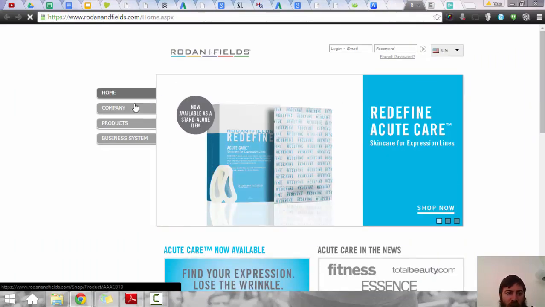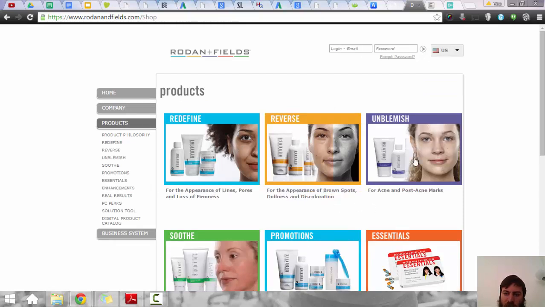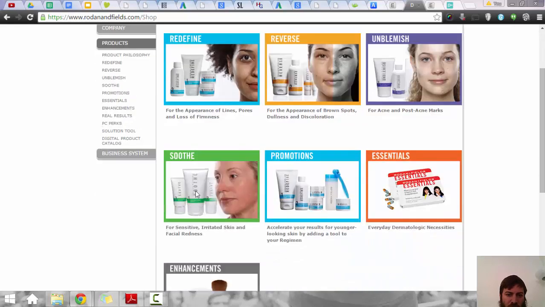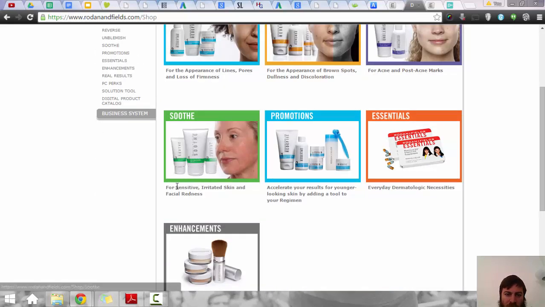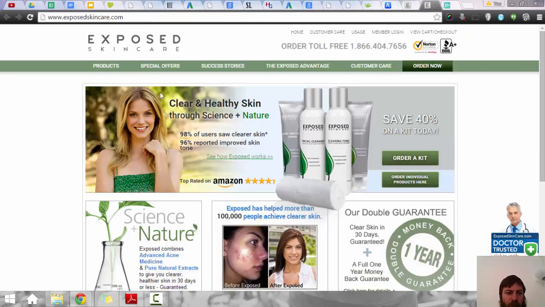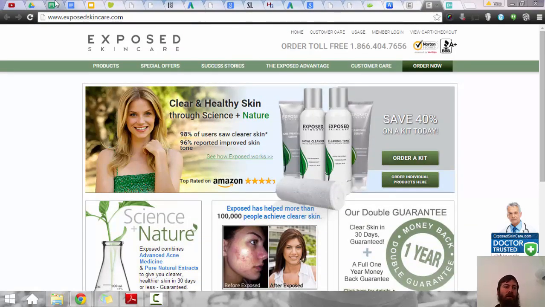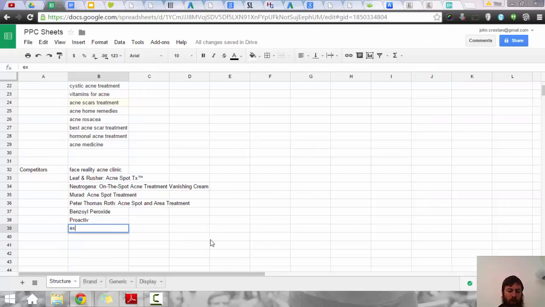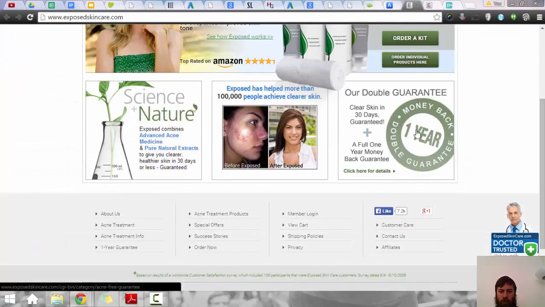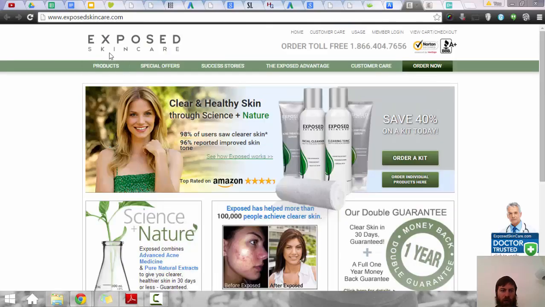So let's see this. Rodan and Fields. Brown spots. So they don't just do acne. It seems like they help out with a lot of different things. Exposed skincare. So this looks like an acne product. Exposed skincare. Probably good.